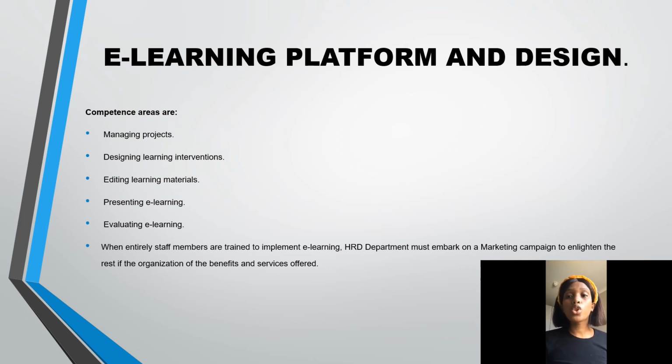And also evaluating e-learning. When staff members are trained to implement e-learning, the HRD department must embark on a marketing campaign to enlighten the rest of the organization of the benefits and services offered regarding e-learning.